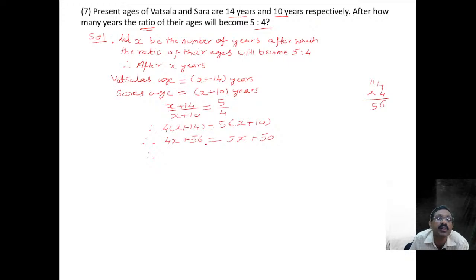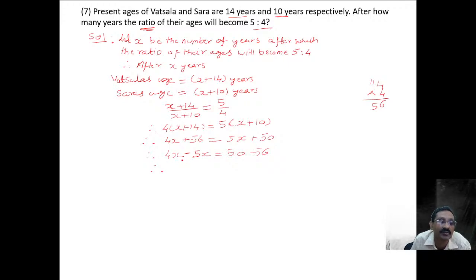Bring the x term on one side. Therefore, 4x, when this 5x crosses this equal to and comes to this side, it will become minus 5x, which is equal to 50. Now bring this 56 to your right hand side. This is plus 56. When this plus moves to the right hand side, it becomes minus 56. Therefore, 4x minus 5x.